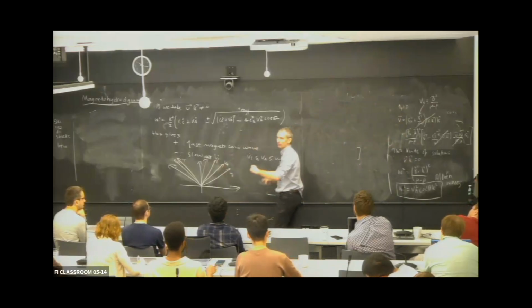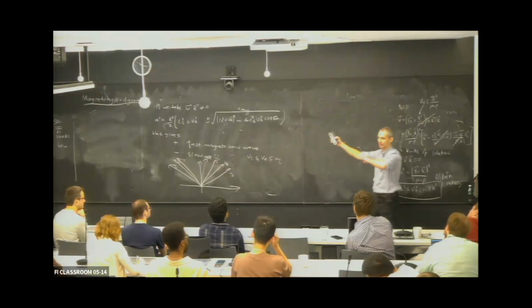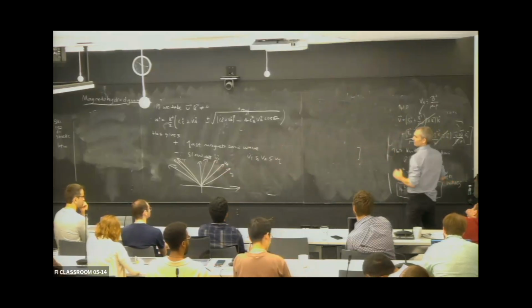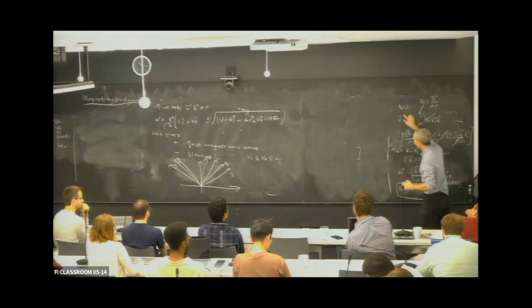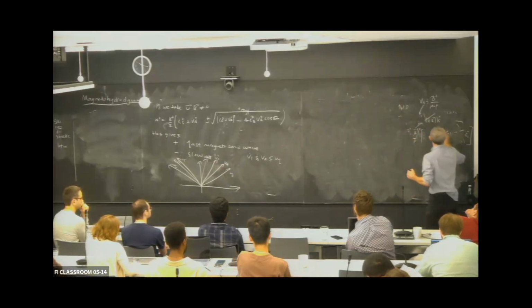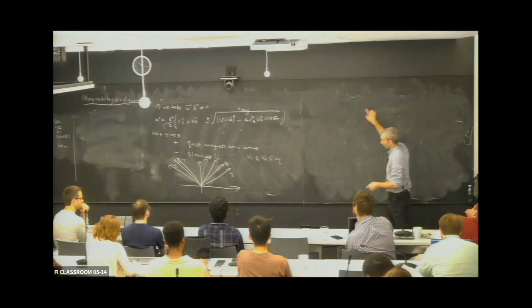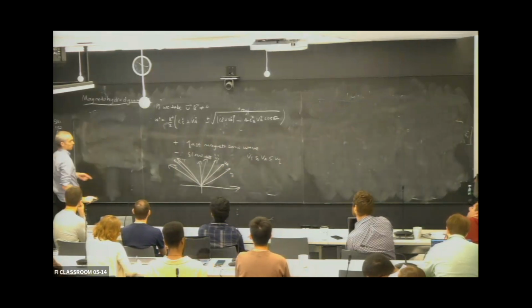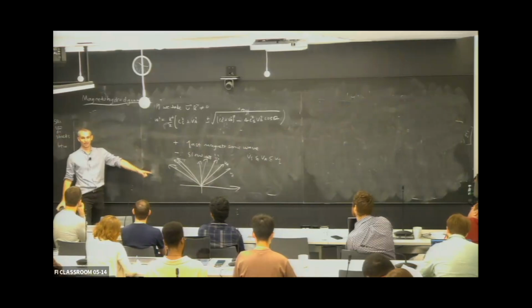Andrew talked about all the possible combinations, like rarefaction, shock, shock. There are 4 possible combinations. You can think about all the possible combinations when you've got 3 waves traveling in each direction. Okay, so the first thing you have to worry about numerically is, if you want to solve your Riemann problem, it's a hell of a lot more complicated.